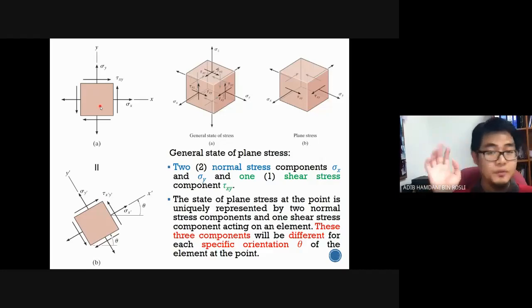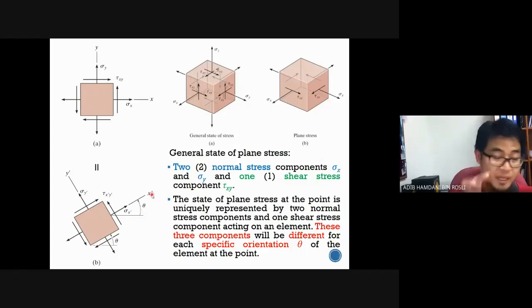Whatever you have done previously up to chapter 8, you followed the x, y configuration that you predefined before you solved the problem, right? But actually, this element doesn't necessarily have to follow x, y. It can be rotated by this angle theta, all right?